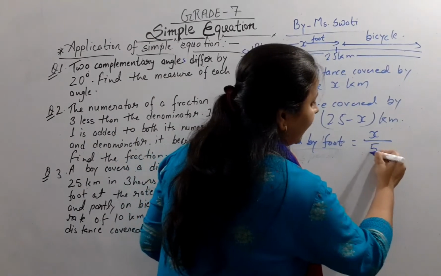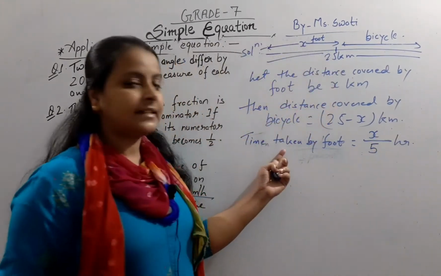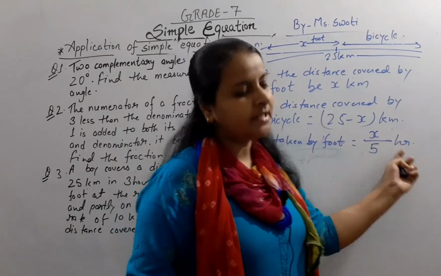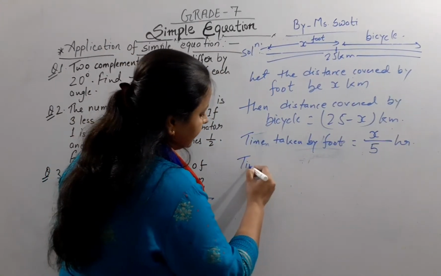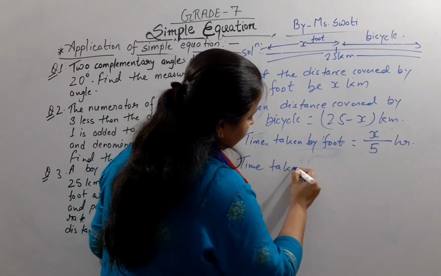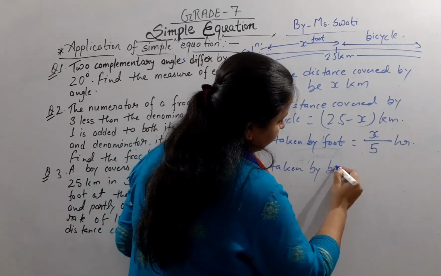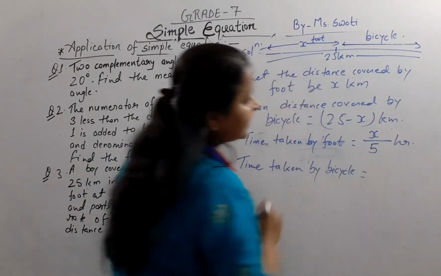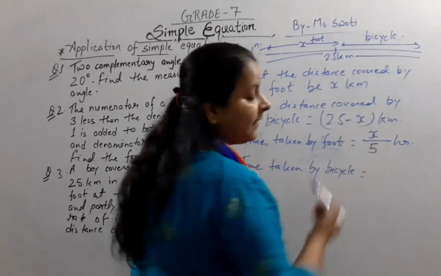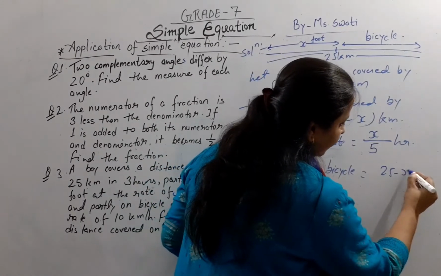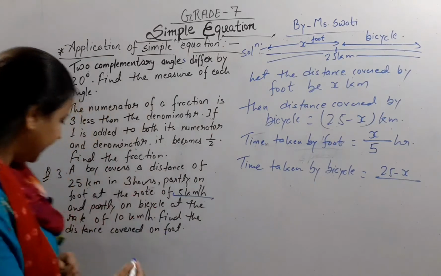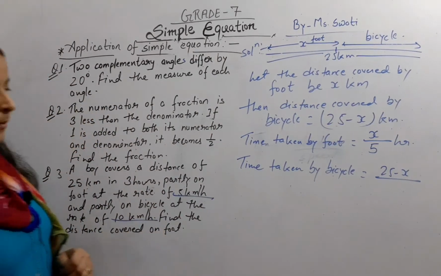So it becomes x by 5 hours. It is time, so the SI unit of time is hours. Now we find out the time taken by bicycle. The distance covered by bicycle is 25 minus x and the speed by bicycle is 10 km per hour.